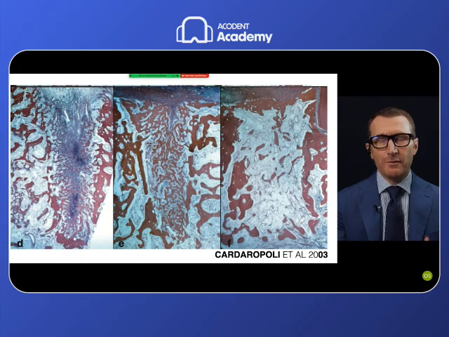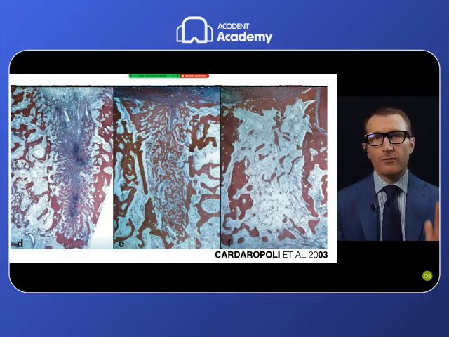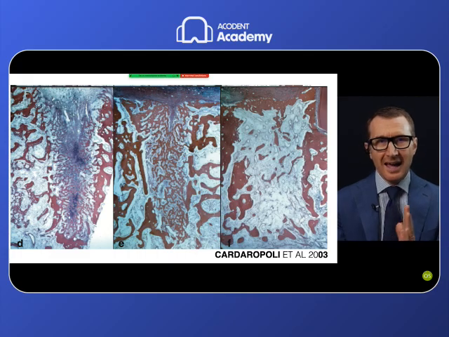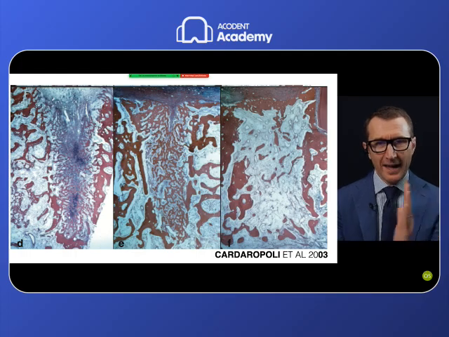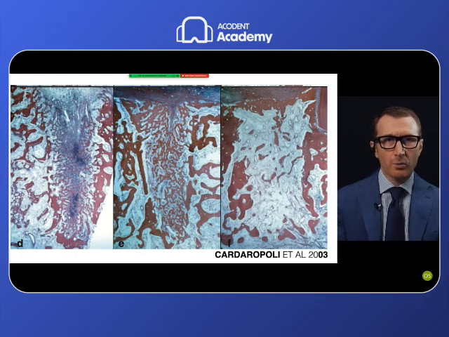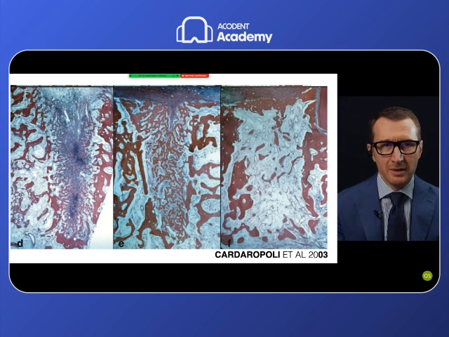So we have the bone growing from the walls of the defect towards the middle. And we have firstly the coagulum formation, then the provisional matrix formation, and then the woven bone formation, like different waves going from the walls of the defect towards the middle.